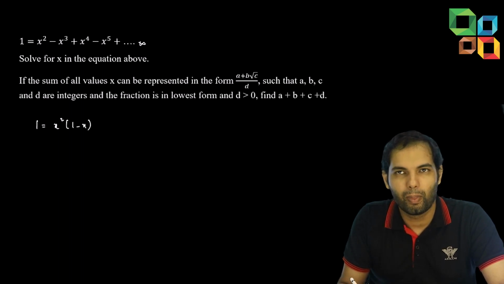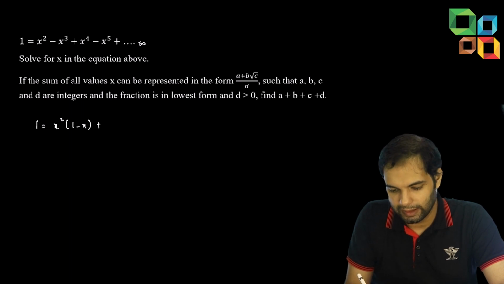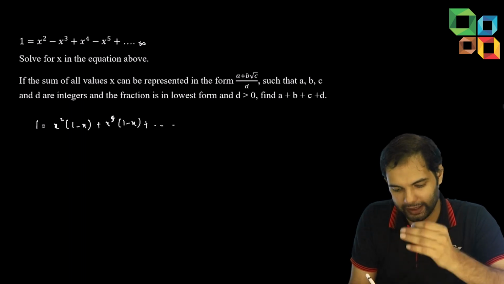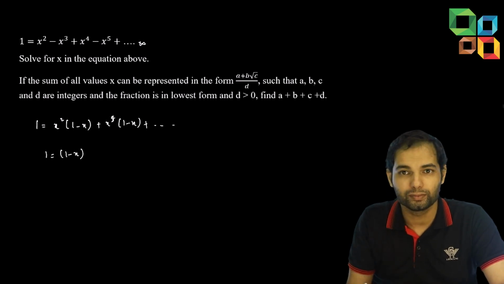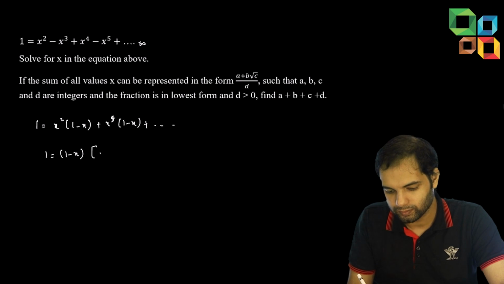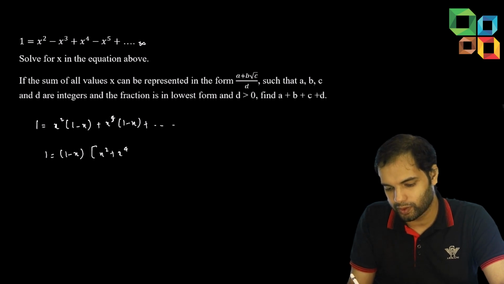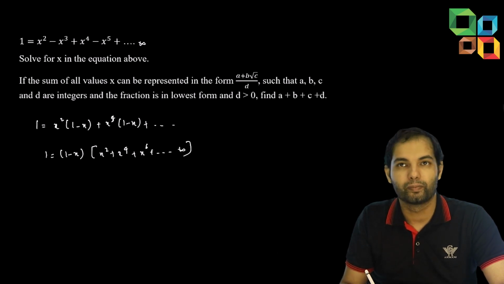Next term would be what? x power 4 into (1 minus x). If this pattern is continuing and I take 1 minus x common, what remains? x square plus x power 4 plus x power 6 up to infinity. Don't we know the sum of this already?